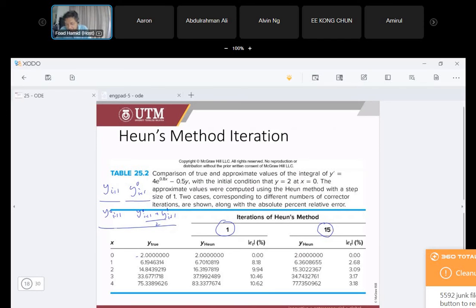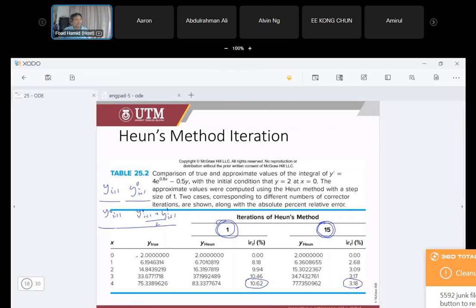So if you repeat 15 times, you can see that, for example, this one, 10.62, when x equals 4, this is only 3.18. So it shows that it can be a lot more improved. But again, the issue here is that you have to do a lot of calculations. So this is only one iteration, but this one is 15 iterations.